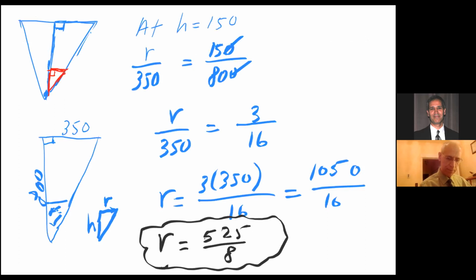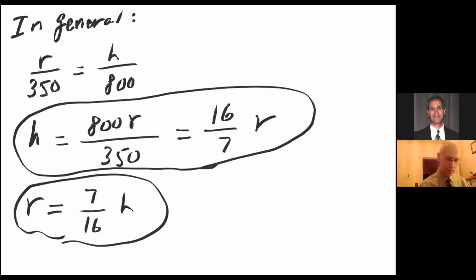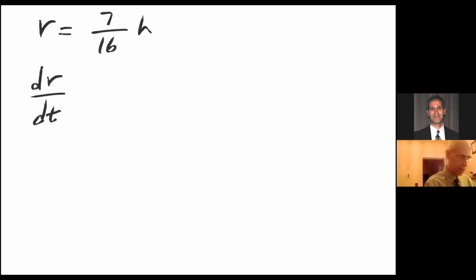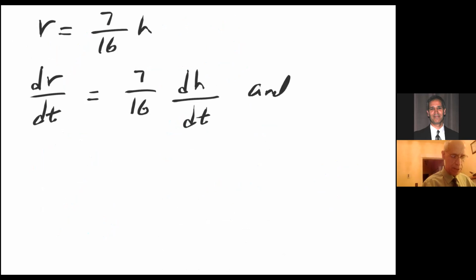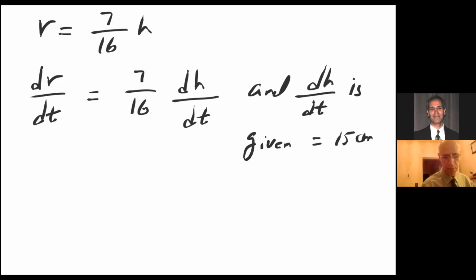Right here, notice that we found that R equals 7 over 16 H. I'm going to use that information and claim that if R equals 7 over 16 H, then dR/dt equals 7 over 16 dH/dt, and dH/dt is given, that was 15 centimeters per minute.